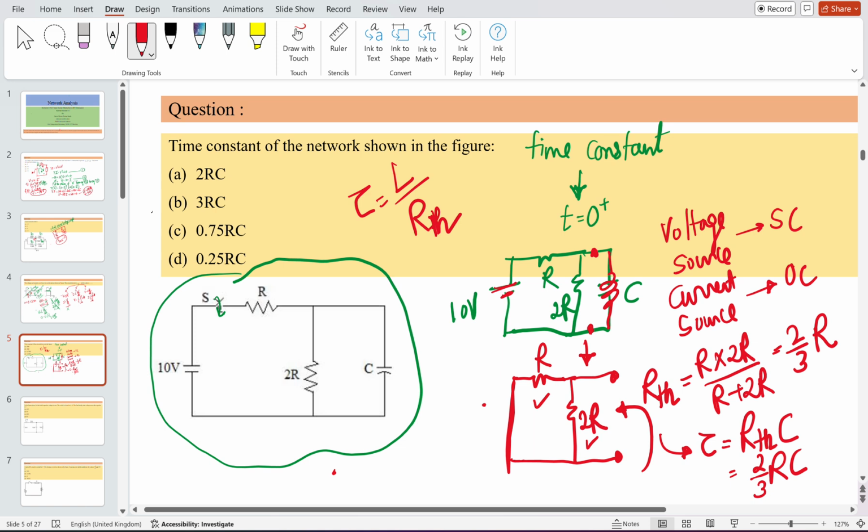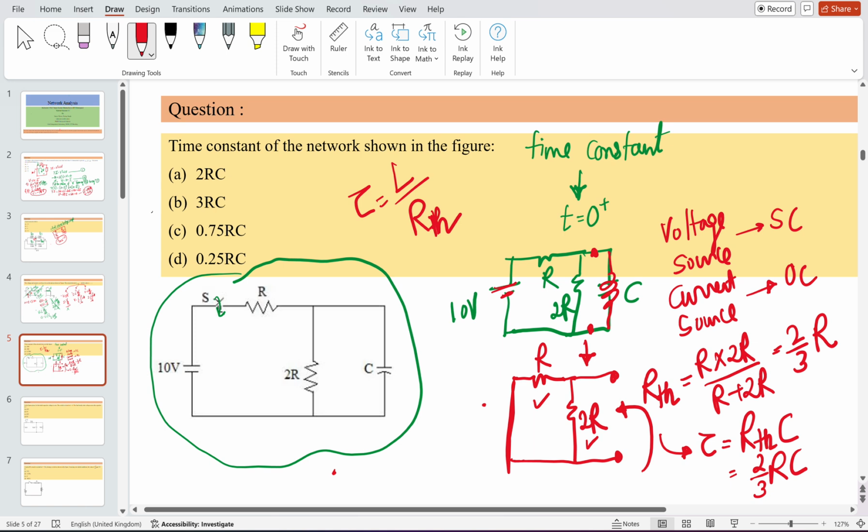So what is the first step? The first step is to make the circuit at t equal to 0 plus. Then find the equivalent Thevenin resistance across the element. Suppose L is there, or C is there. Replace it, and from that port itself find the value of RTH.